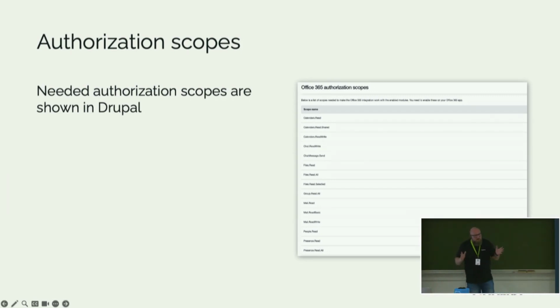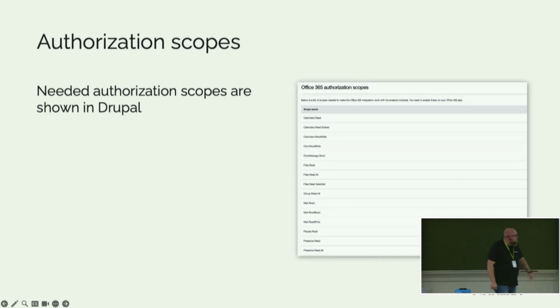It can be kind of hard to find the correct scopes to use because it's a long list, a lot of stuff you're probably never going to use. So it's hard to find the correct scope to use, so you don't give users too many permissions, but also not too little, so they don't see the data you want them to see, or they don't have the permissions to upload data, for instance.